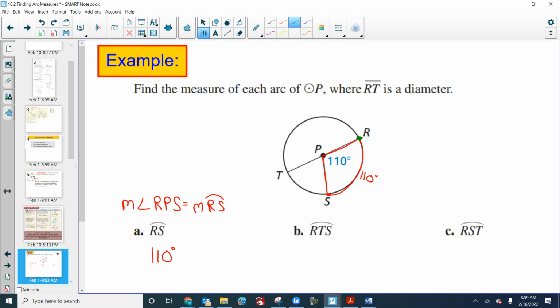Arc RTS. Which way do I go? Clockwise or counterclockwise? Counterclockwise, because I have to go from R. My next one I have to hit is T. R, then T, then S. Oh, well, that's everything else in the circle except for the 110. 360 minus 110.